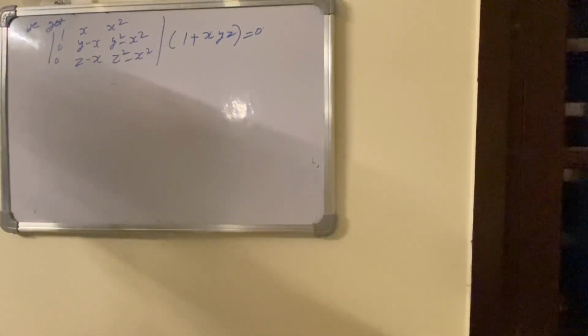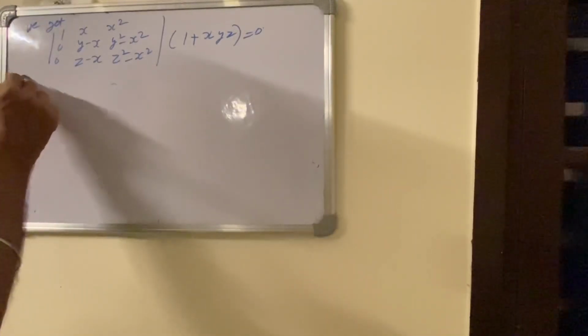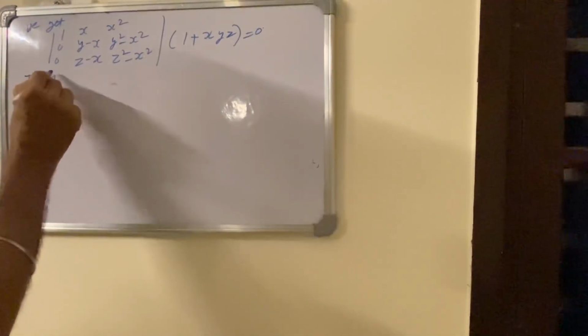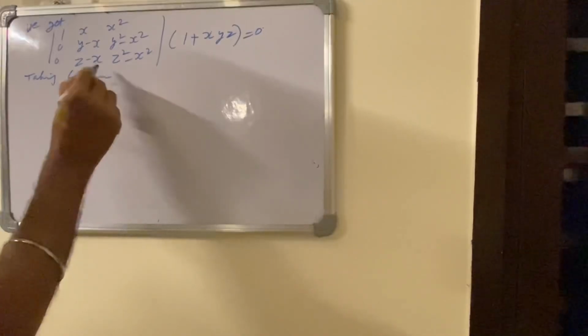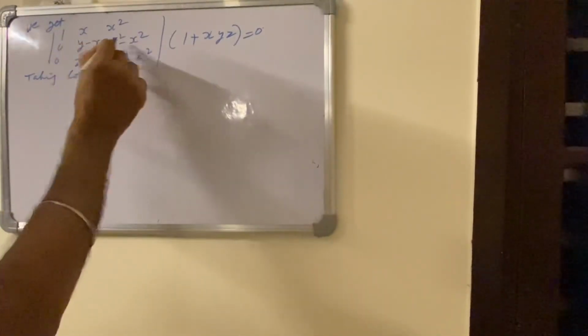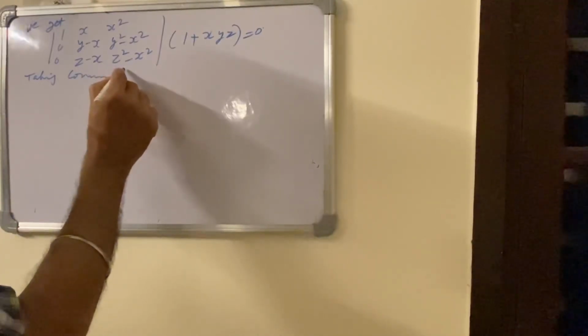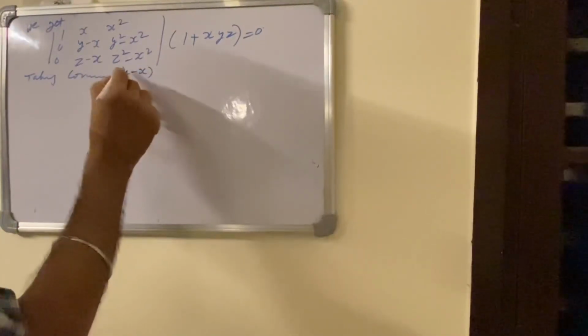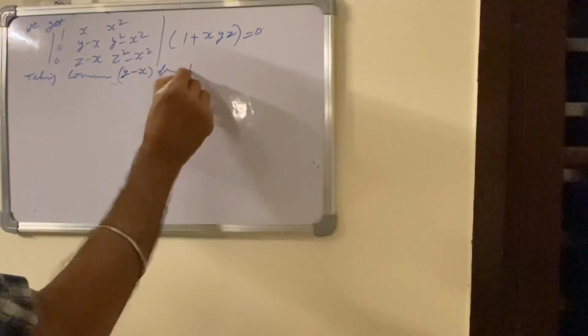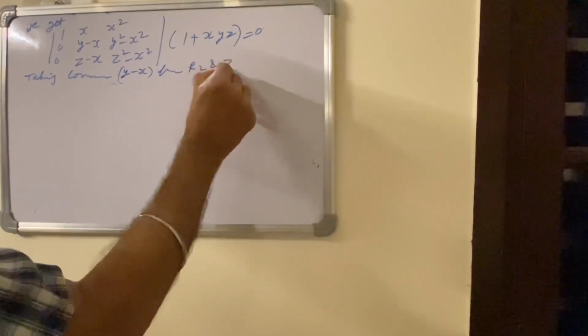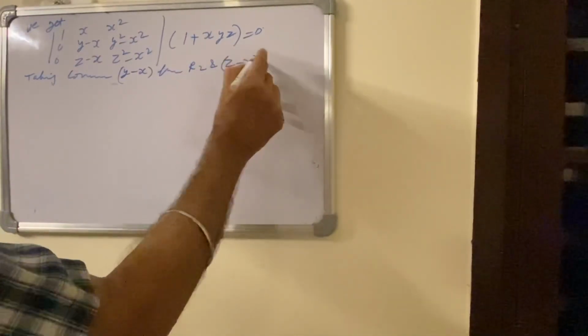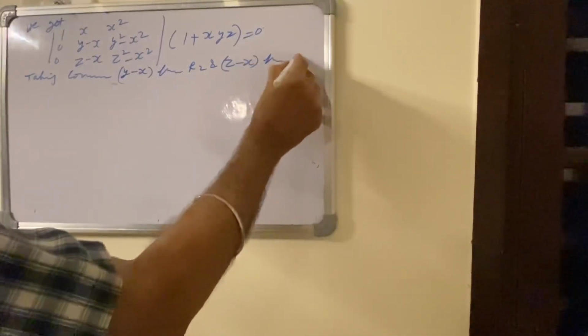Then taking common y minus x from the second row R2 and z minus x from the third row R3.